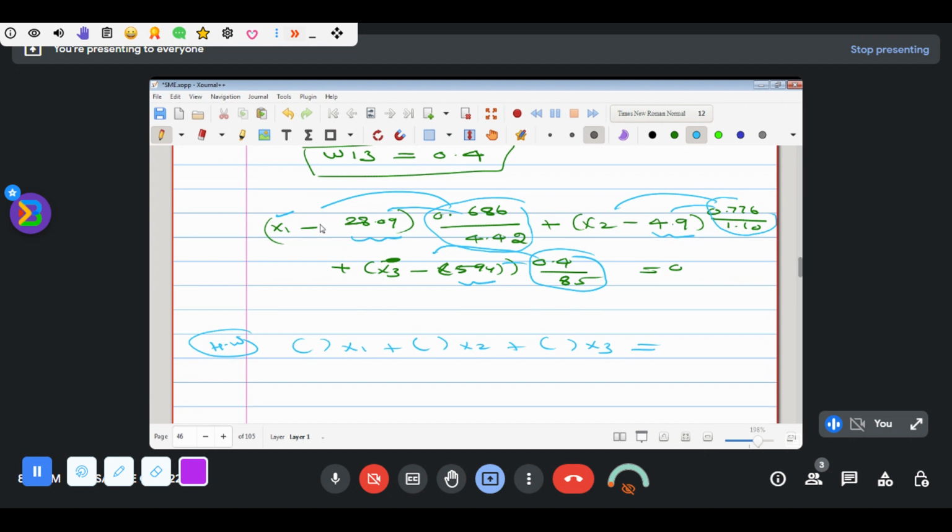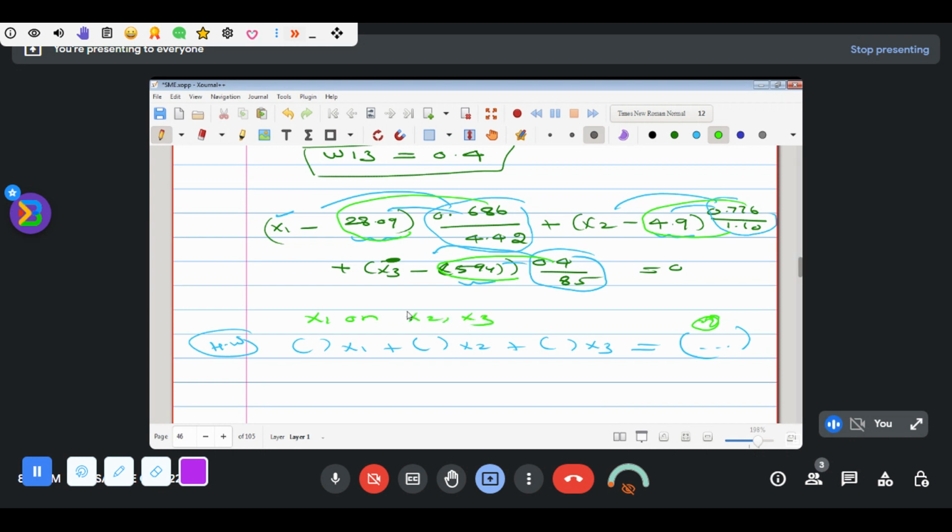Same idea for the remaining two terms, this multiplication and this multiplication. After all multiplications are completed, maybe minus minus minus is there, therefore all terms are added and moved to this side. This is the result for the regression line of x1 on x2 comma x3.